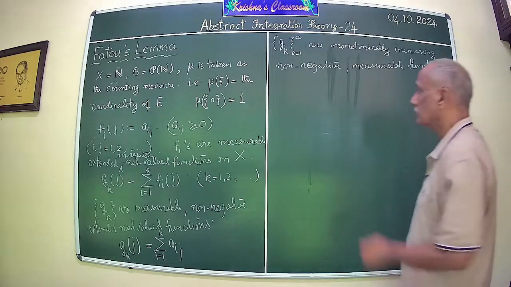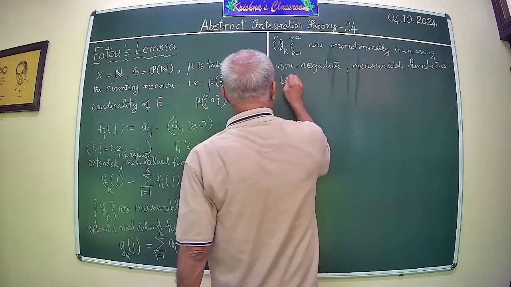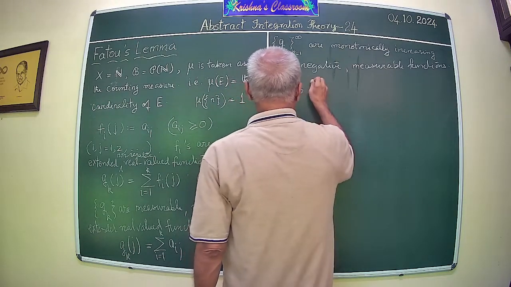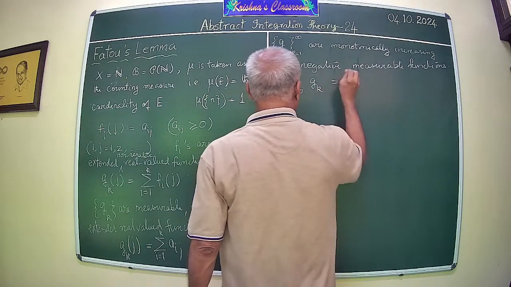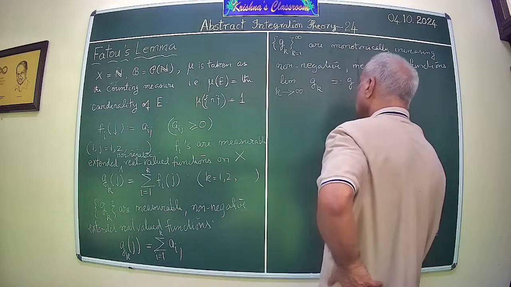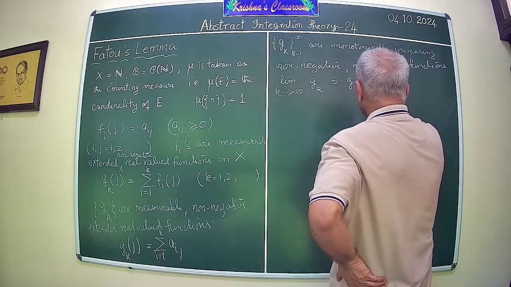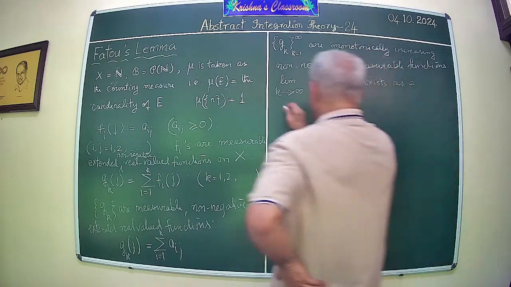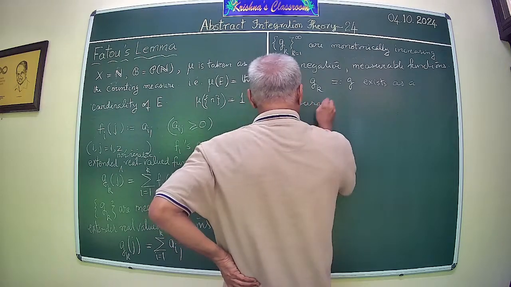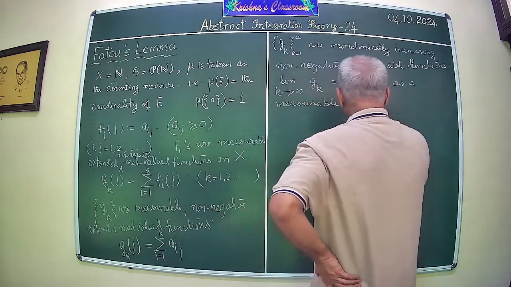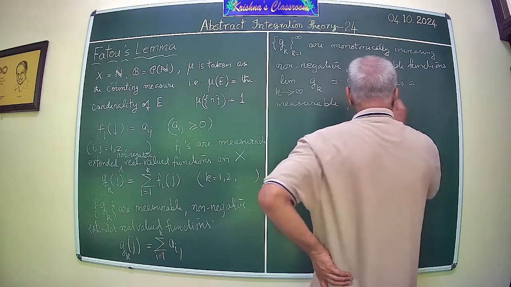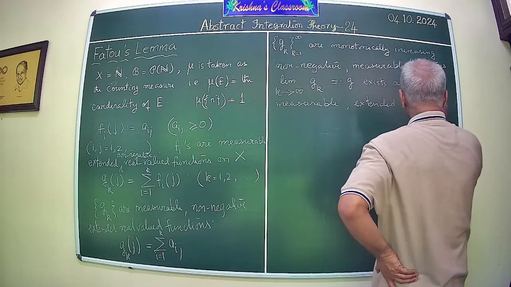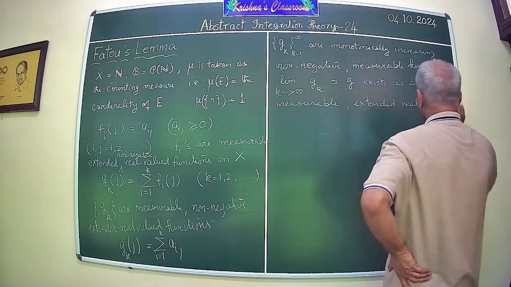So what happens? The limit g exists as a measurable, extended real valued, non-negative function.